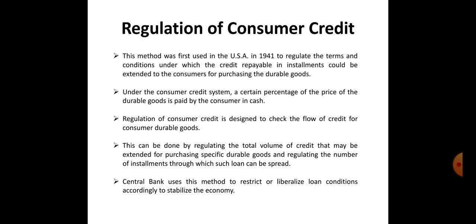The 8 plus 4 technique means I pay 8 installments, and 4 installments I have to pay at the time of down payment, meaning at the time of purchase. So there are some regulations of consumer credit which can control credit in the market.